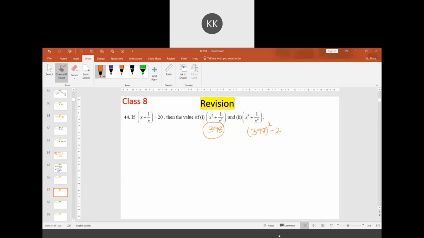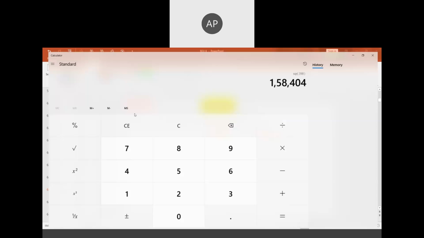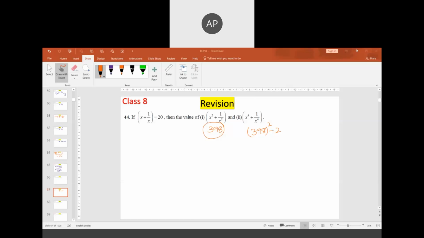The unit digit: 4 will be in the units place. Then subtract 2. The answer is 158402, so 1,58,402.